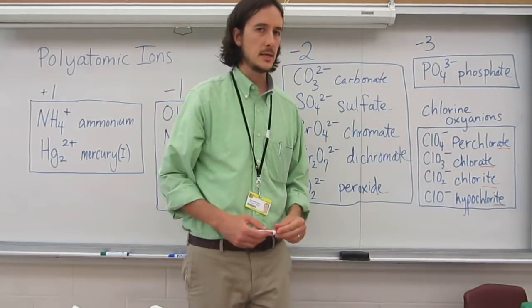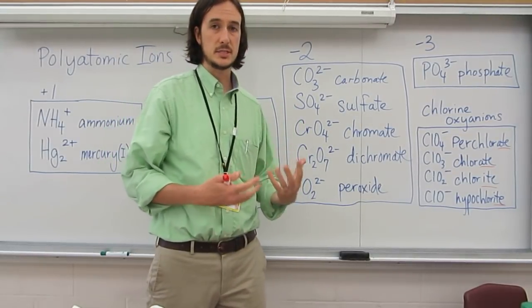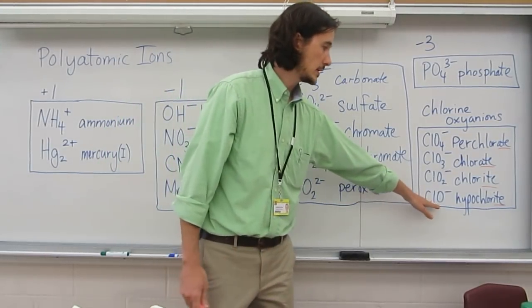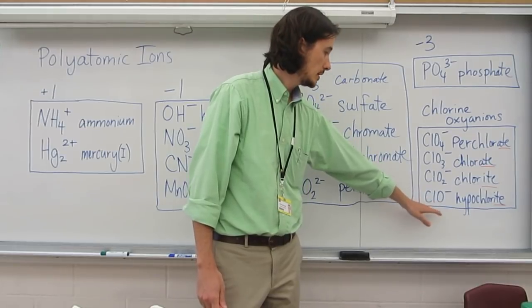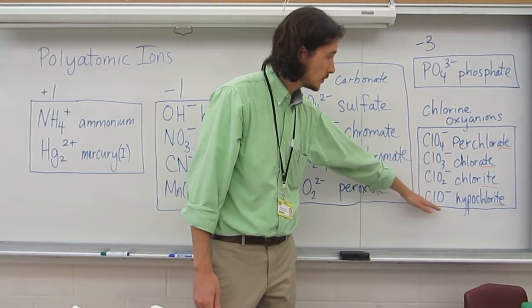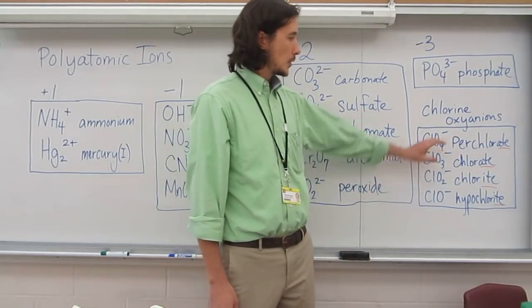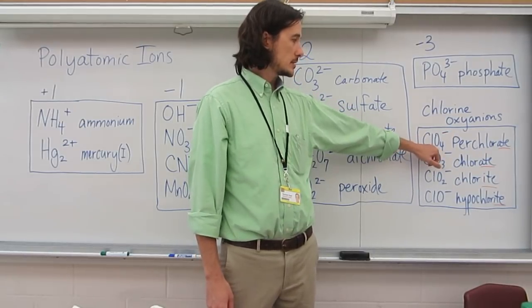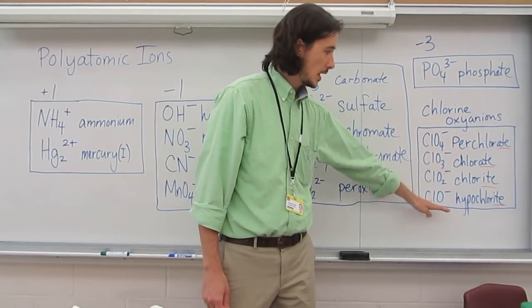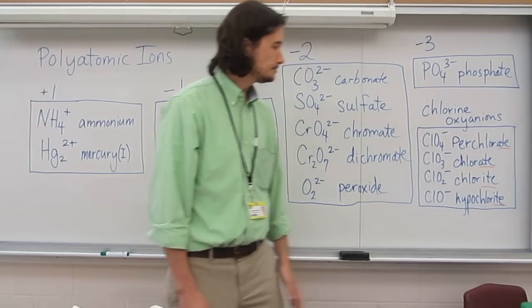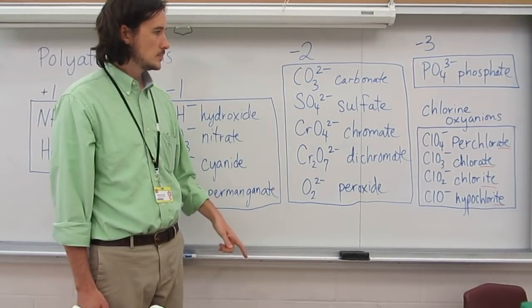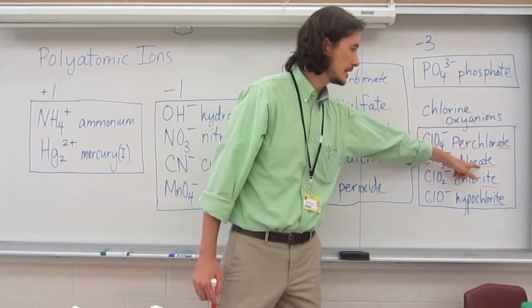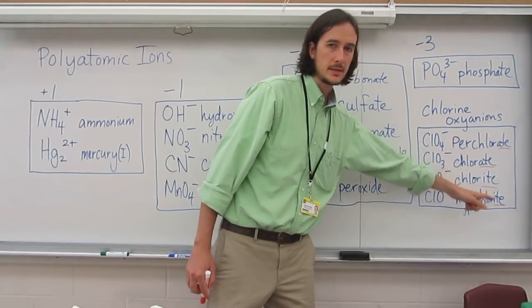And this is the part of bleach that does its job. So hypochlorite is something that you'll hear about. But we've got this chlorine series. Perchlorate has the most oxygens on it. We go down to hypochlorite with the fewest. So this brings me to another thing, the connection between ate and ite.